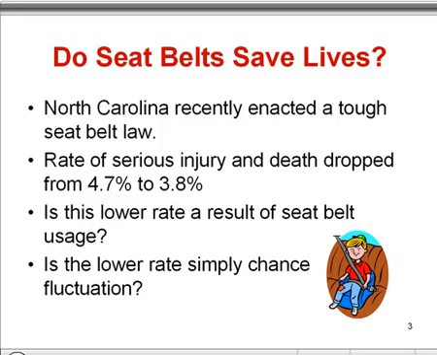Using significance tests, statisticians found that a drop in the serious accident rate, as large as the one in North Carolina, would happen less than 3 times in 100 if random variation was the only reason for the change. Well, that's pretty unlikely. So there is strong evidence that seatbelts save lives.